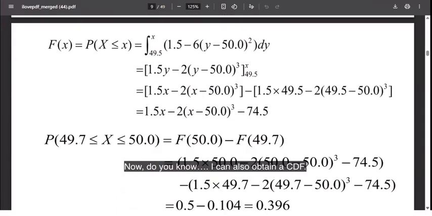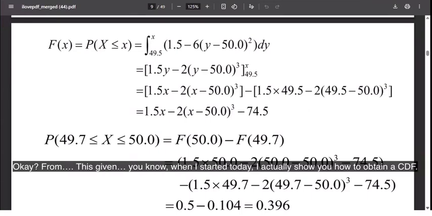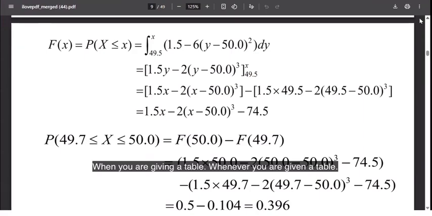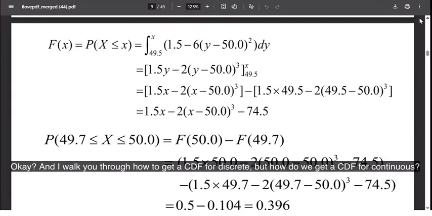Now, do you know I can also obtain a CDF from this? When I started today, I showed you how to obtain a CDF when you are given a table. Whenever you are given a table with a random variable and a probability, that would be discrete.